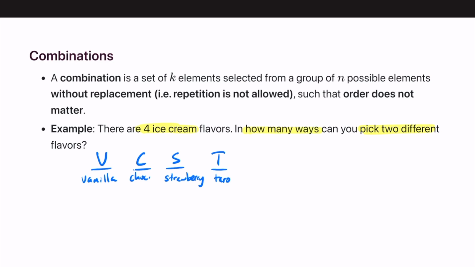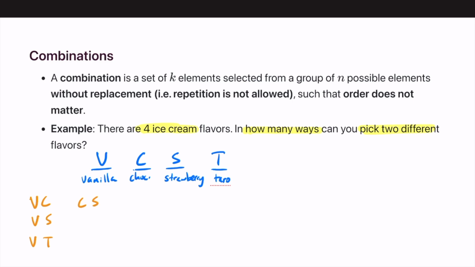So this is small enough that we can actually enumerate the entire probability space. So we can assume that we have vanilla, chocolate. We can assume that we have vanilla strawberry and vanilla taro. And then we can also get chocolate strawberry.